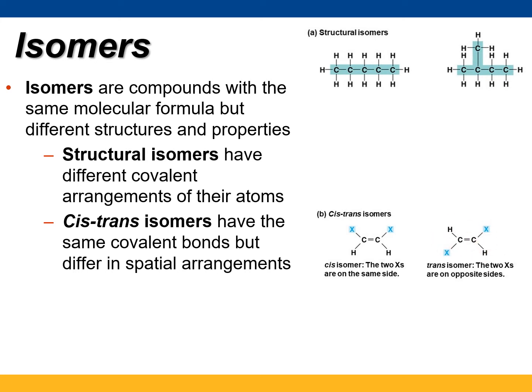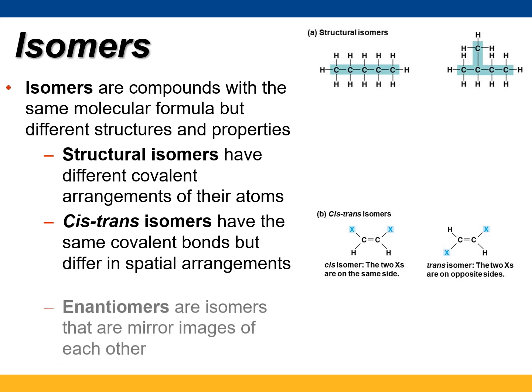You might have heard of all trans fatty acids and that sort of a thing. They're talking about the double bonds in the fatty acid chains, and those double bonds, the resulting carbon structure, they're on the opposite sides of that double bond. Whereas a cis fatty acid, the carbon chain would be on the same side of that double bond, cis and trans.